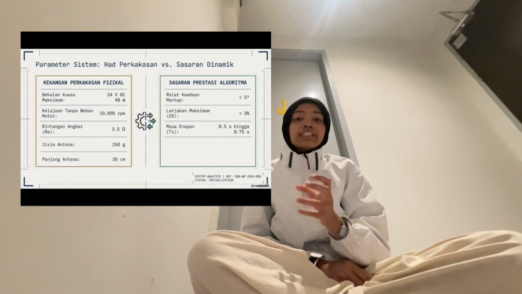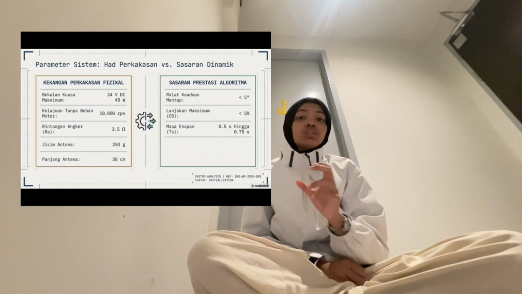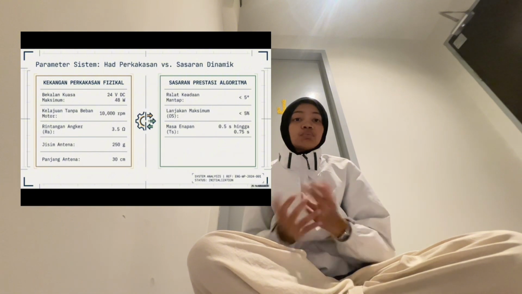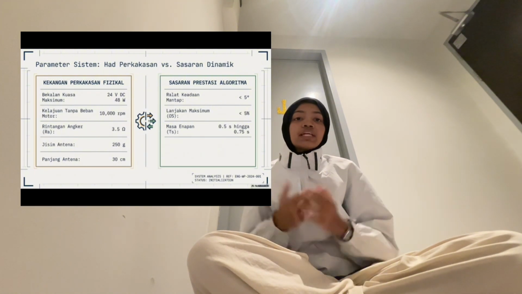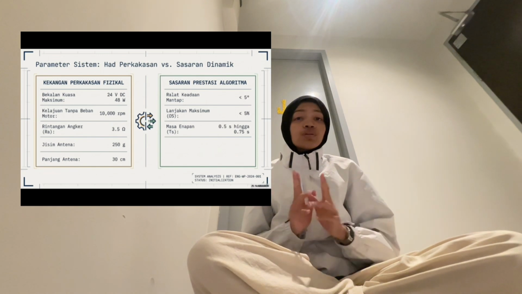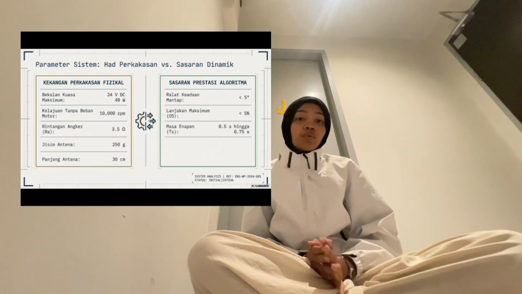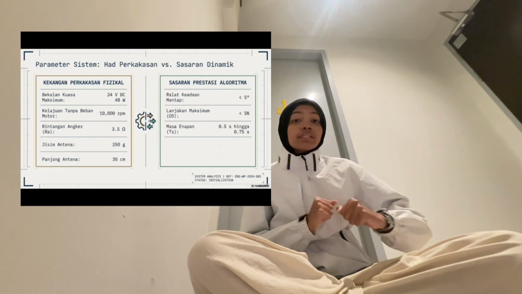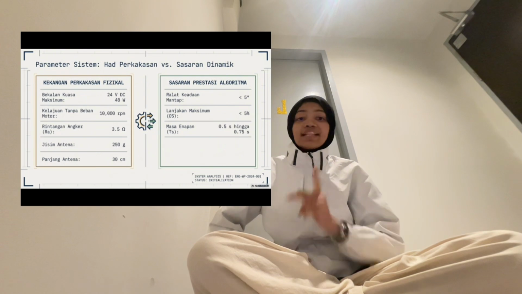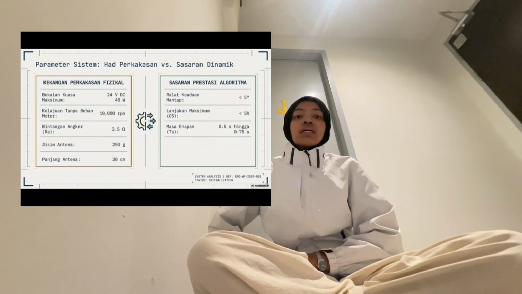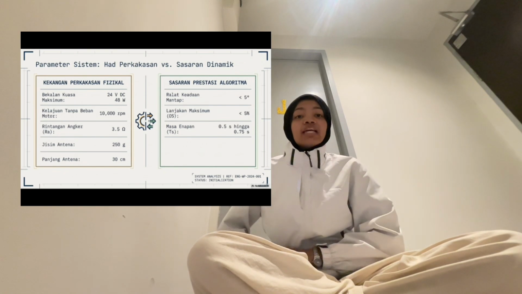The actuator used is a 24 volts DC motor with a maximum of 48 watts and a no load speed of 1000 RPM. The armature resistance is 3.5 ohms. For the antenna, we assume a mass of 250 grams and a length of 30 centimeters.